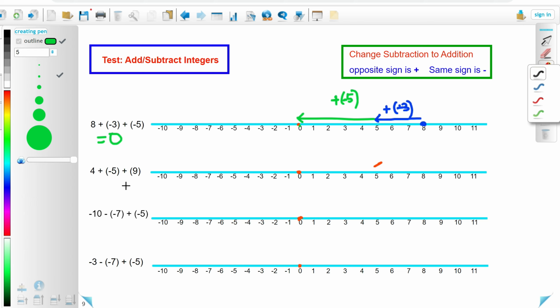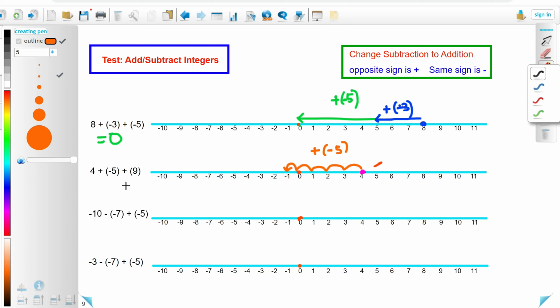Next, 4 plus minus 5 plus 9. It is an addition statement. We do not have to convert any subtraction, so we can straight away begin with our solution. Locate 4 first. Now we have to see minus 5, which means we go left 5 units: 1, 2, 3, 4, 5.